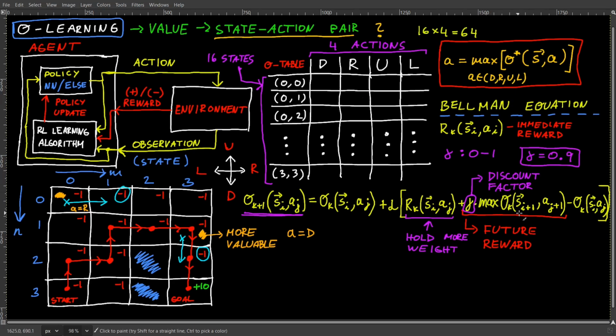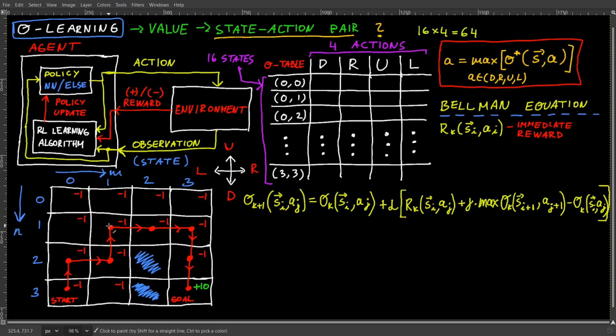The other part of this term is this maximum Q at time k, and then you have this new state action pair here. Let's say that you are in this state here, 1, 1. By the way, the subscript k means current.